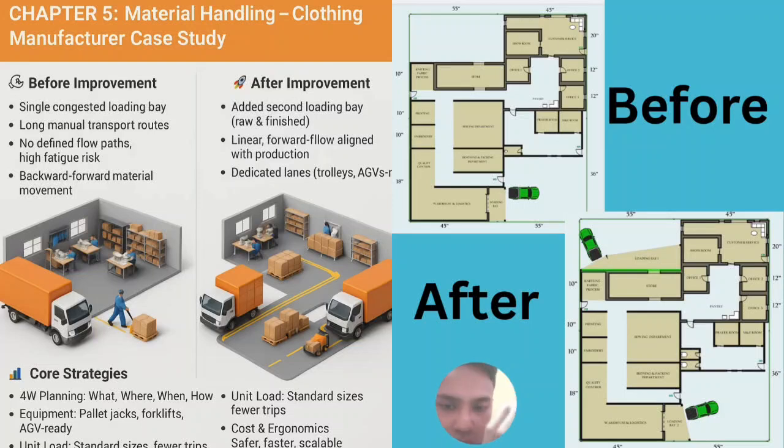That's why I would summarize this chapter as what and why and how the material handling is involved, and that's why I give the comparison before and after making the improvement. Facility questions begin with layout as a framework.